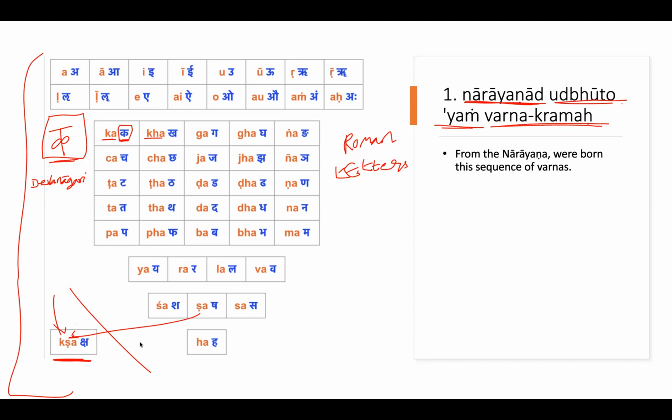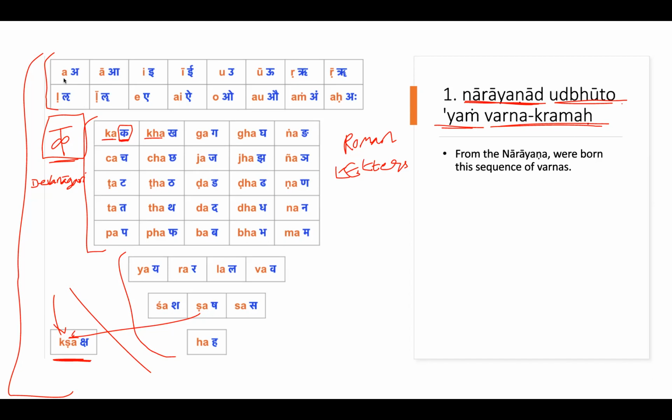So in total we have around 50 letters. Okay. So this is A. This part is called the vowels. This is called the consonants. And this is called the semi-vowels, half vowel, half consonant, like that.